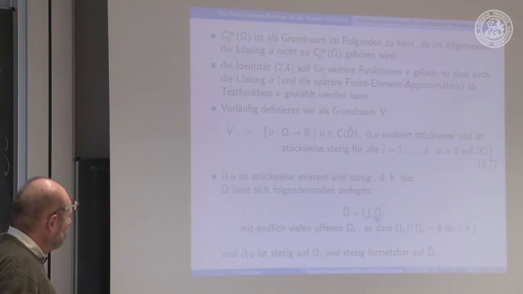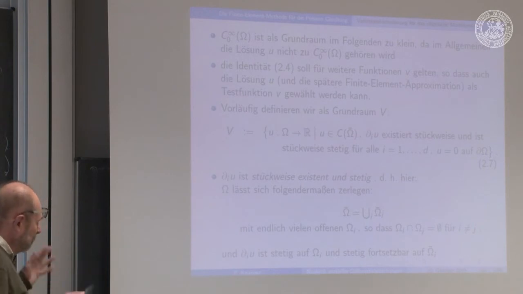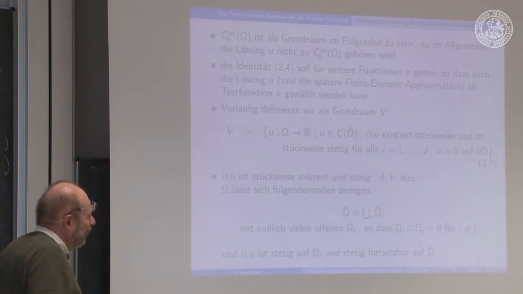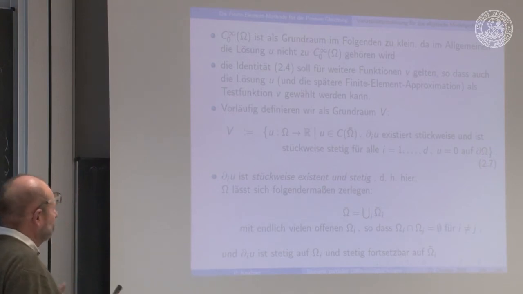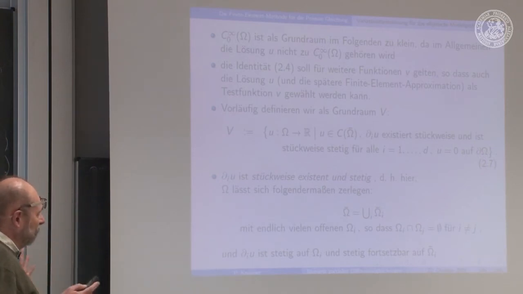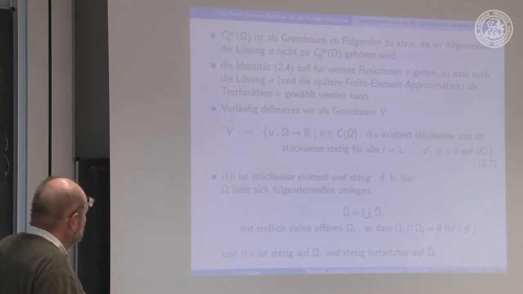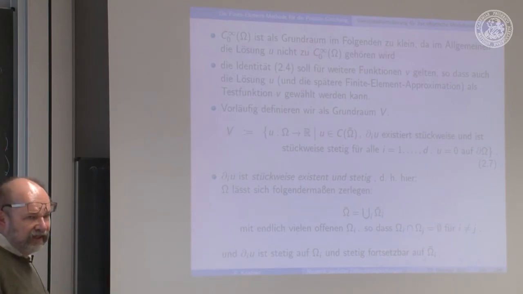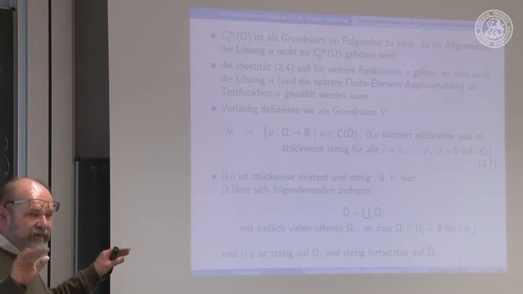Maybe I have to make some further assumptions to make this reasonable, but you will see later what I have in mind. You can construct very strange subdivisions, but if you think of a reasonable subdivision, then you are right. So on each of these open sets the derivative exists, and it does not explode toward the boundary, but can be continuously extended to the boundary.